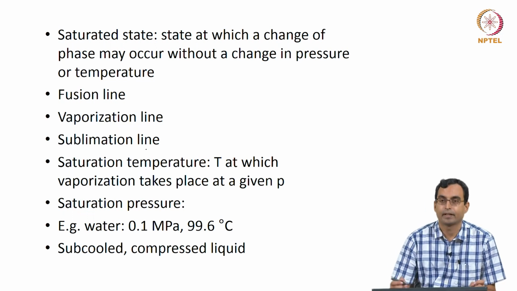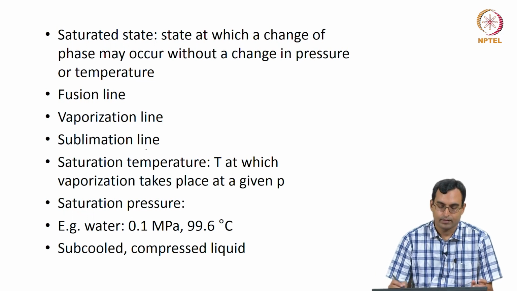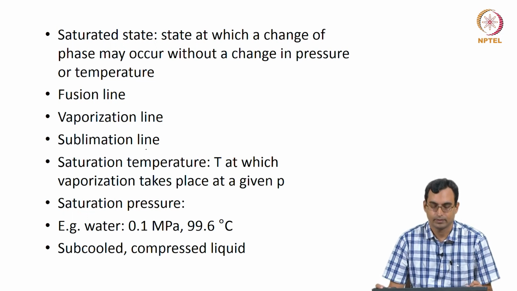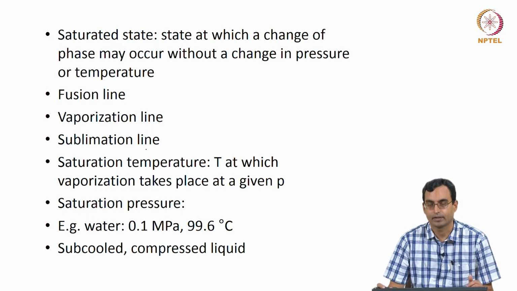The saturation temperature is the temperature at which vaporization takes place at a given pressure. So, we can find this data from tables. For example, if you take pure water at a pressure of 1 bar, which is 0.1 megapascal or 100 kilopascal, then the boiling point of that water is 99.6 degrees centigrade.